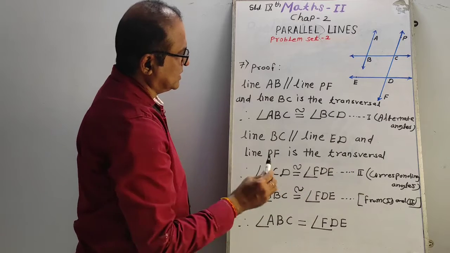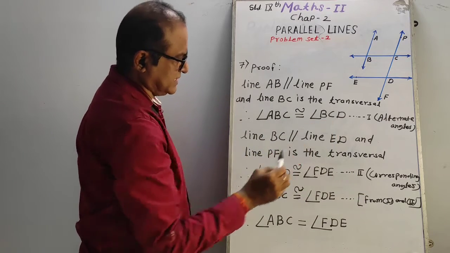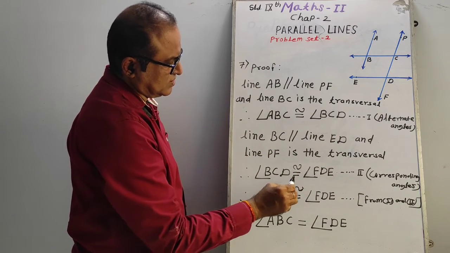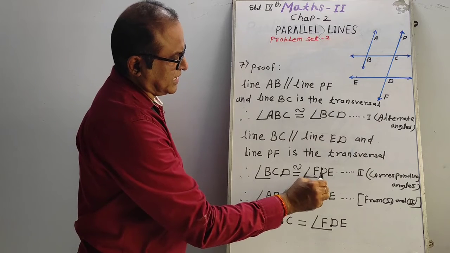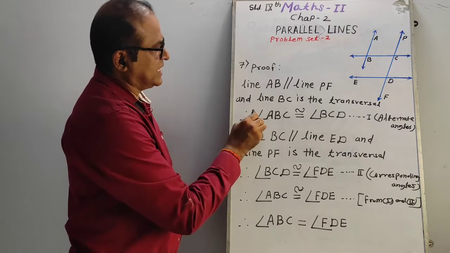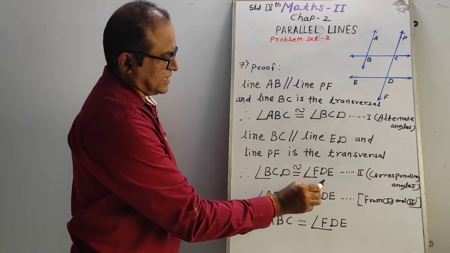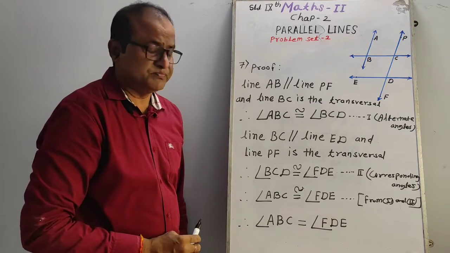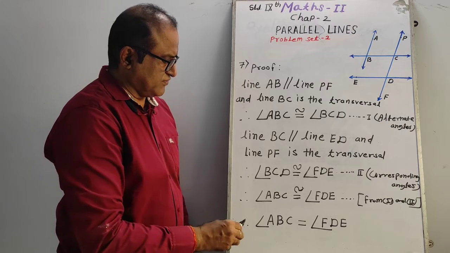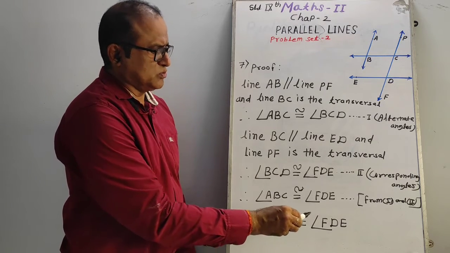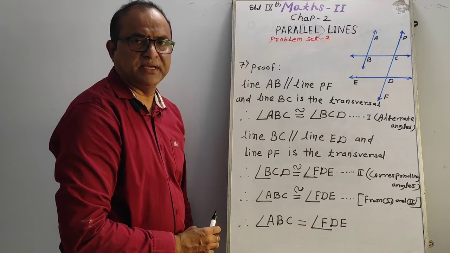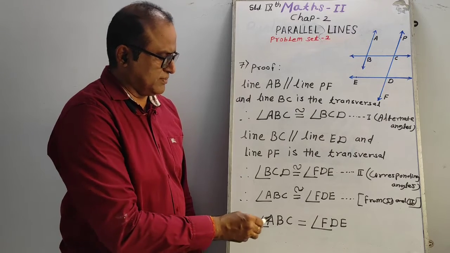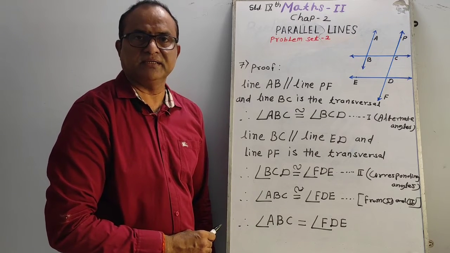From 1 and 2, angle ABC is congruent to angle BCD and angle BCD is congruent to angle FDE. Therefore, angle ABC is congruent to angle FDE. Therefore, angle ABC is equal to angle FDE. Hence, we have proved angle ABC is equal to angle FDE.